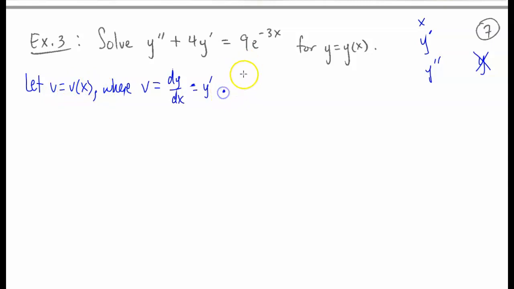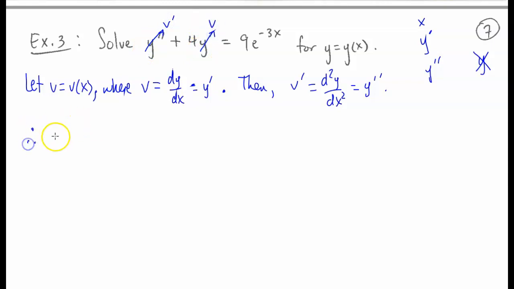So if this is the case, then of course we know that v prime, which is going to be the second derivative of y with respect to x, will be y prime. And so here we will essentially just let y double prime be v prime, and let y prime be v.